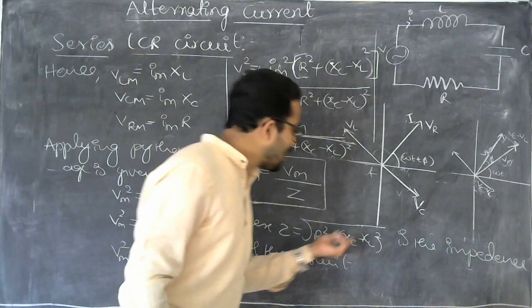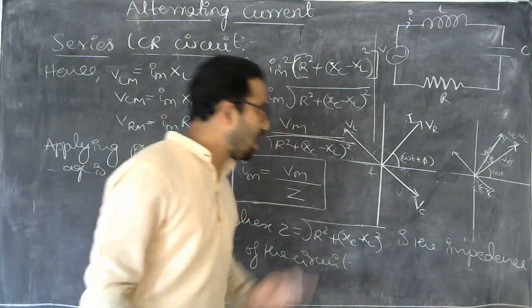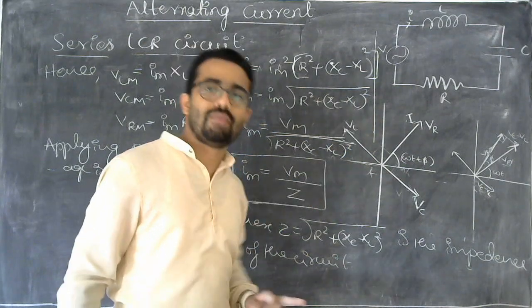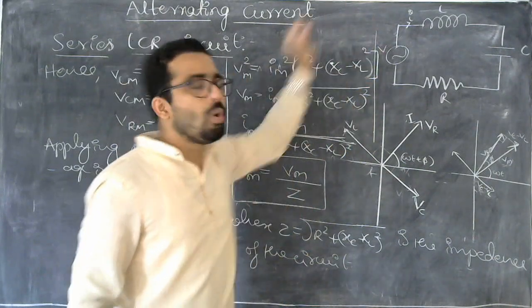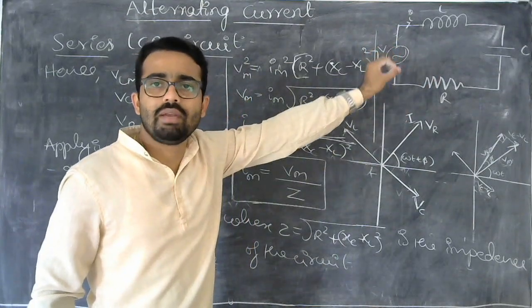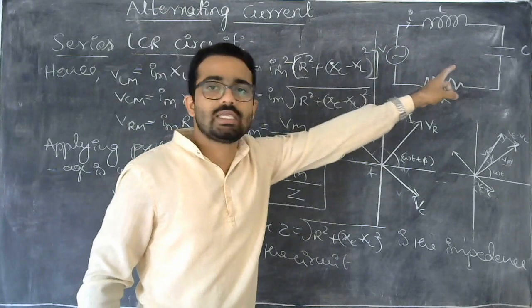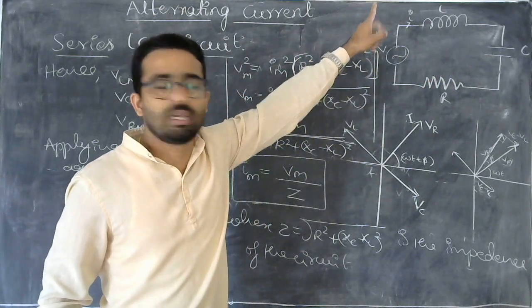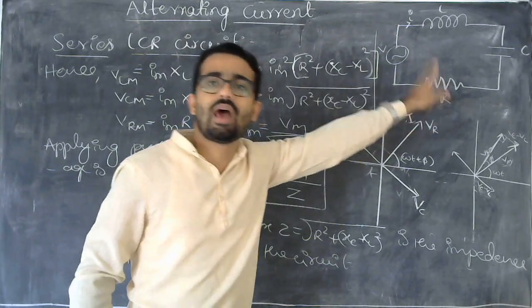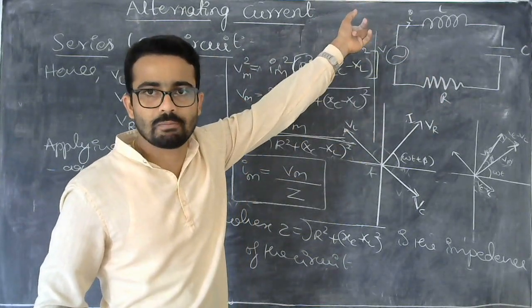So in that case, if Xc is greater than XL or Vc is greater than VL, then that circuit is more capacitive. Why is it more capacitive? Because the effect of the capacitor is more than the presence of the inductor, because Xc and Vc are greater than XL and VL respectively.